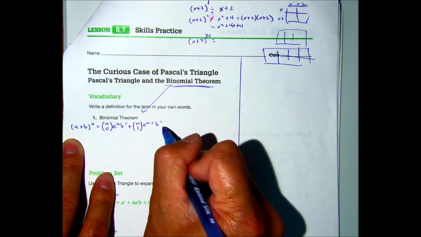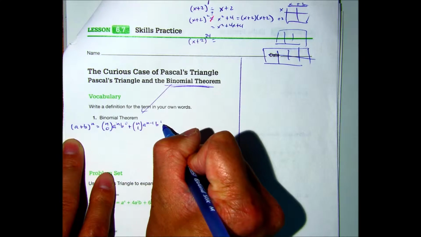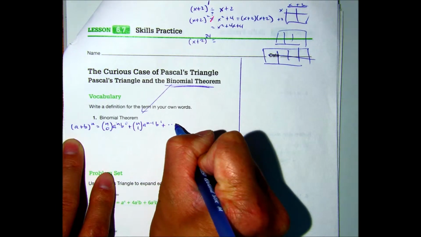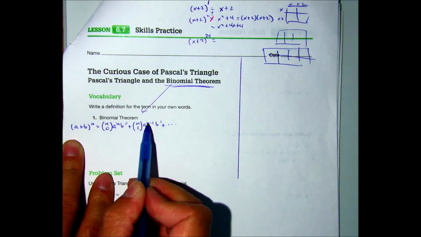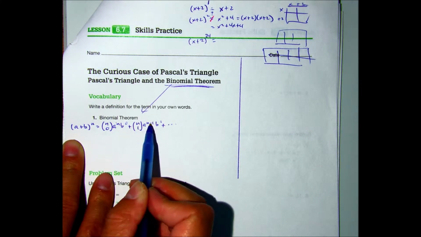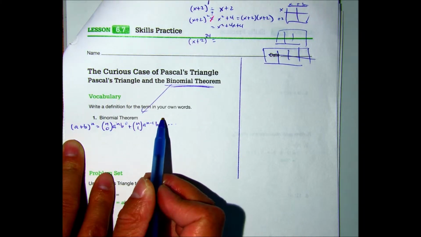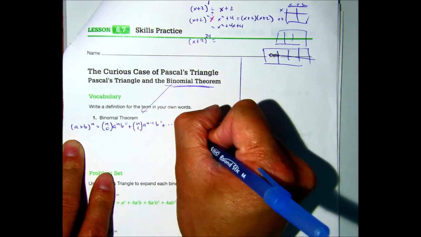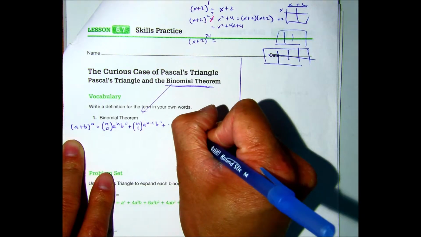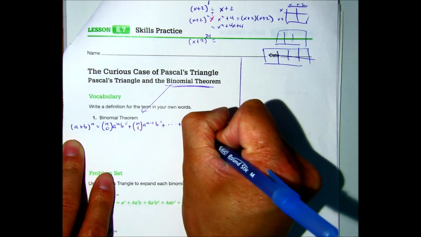And if you notice what's happening, the a values are counting down. You know they're counting down by the subtraction of 1. And the b values are doing what? They're counting up. Until you get something that looks really crazy.